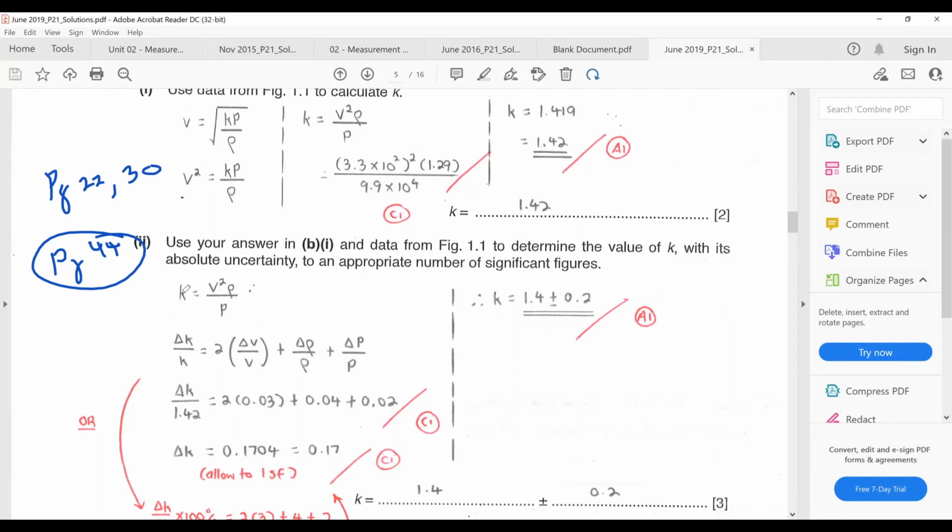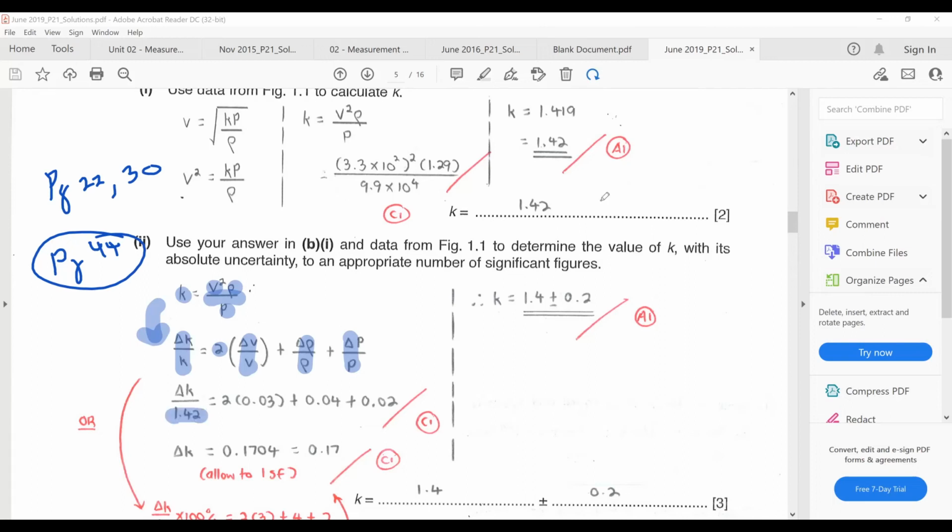Okay, you know that K is v squared rho over P, right? That part you got. So the fractional uncertainty of K would be 2 times the fractional uncertainty of the velocity plus the fractional uncertainty of density plus the fractional uncertainty of the pressure. Now, 3.11, how do you get 3.11?